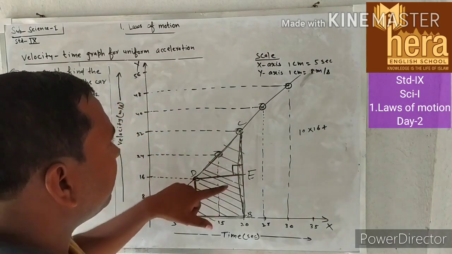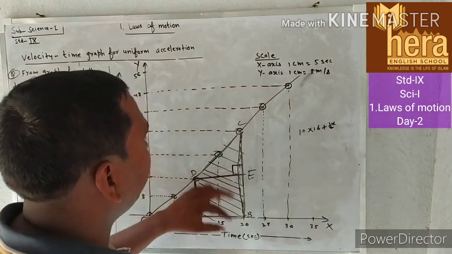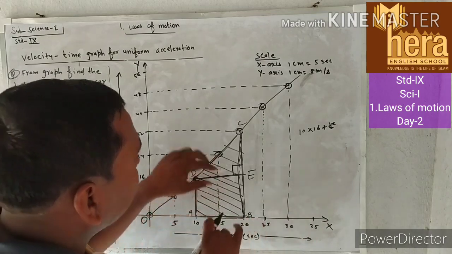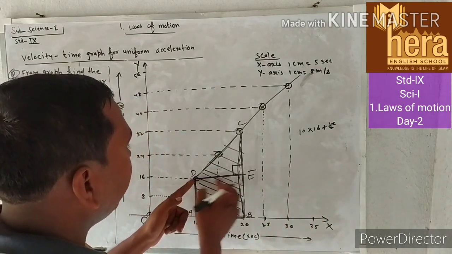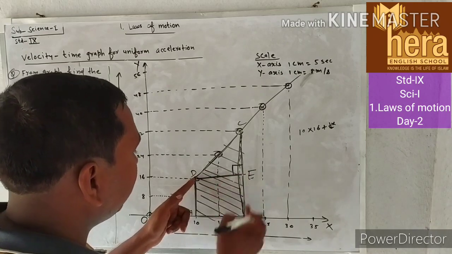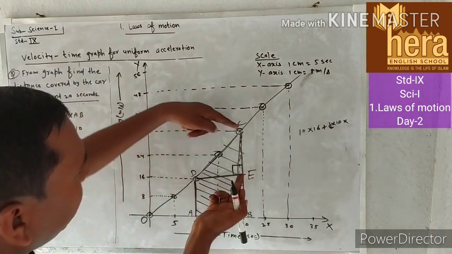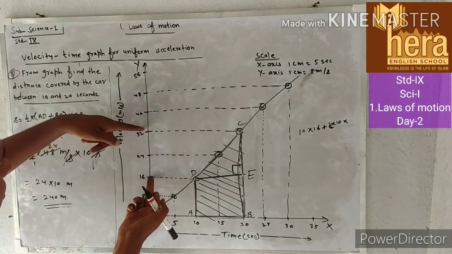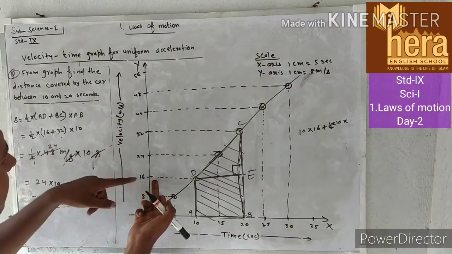This is a right angle triangle. So the area of right angle triangle is equal to 1 upon 2 into base. This is the base, or you can assume this is the base, anyone you can take. So again base is, this distance will be equal to again 10, into height. This height will be equal to, see, 32. Here to here 32, and here to here is 16.